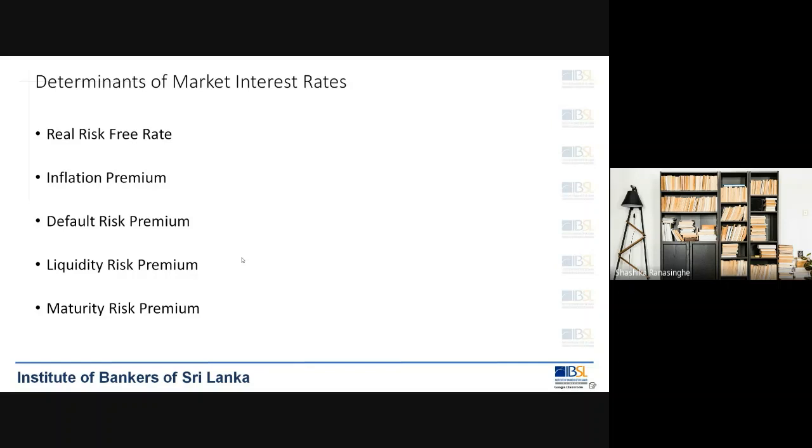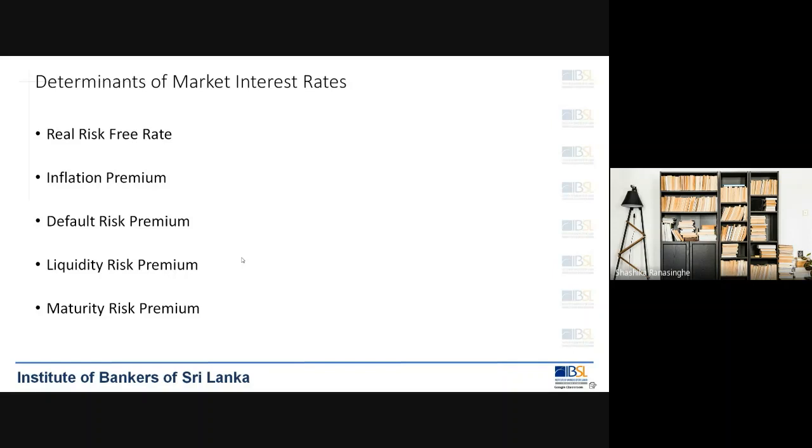You obviously invest in treasury bills, because without taking credit risk you're getting a return of 6, but the bank is offering only 5. You will not go to the bank. So the risk-free rate matters. Then inflation. If inflation is 10%, you will try to get a return on top of 10%. Otherwise, you are getting negative returns.